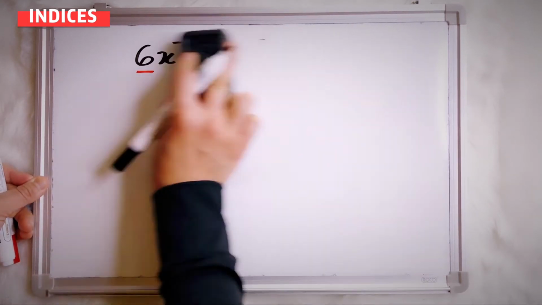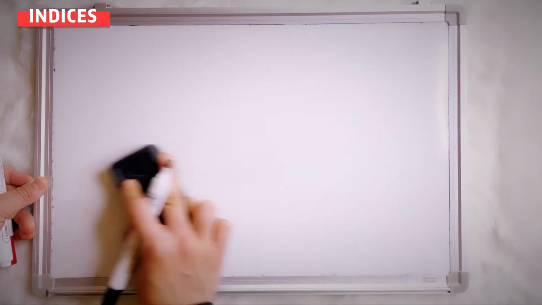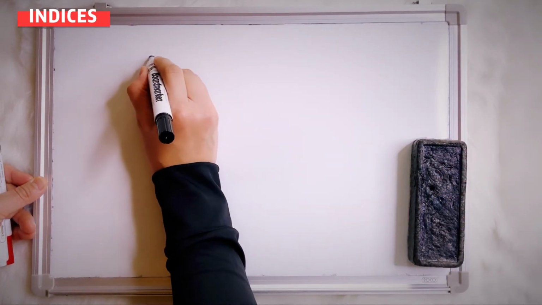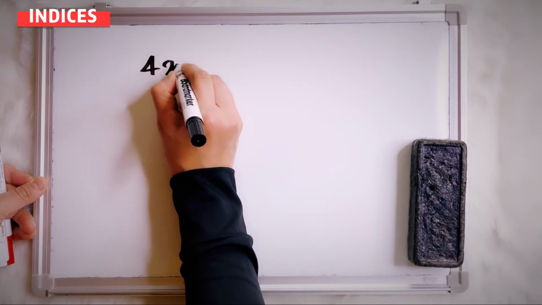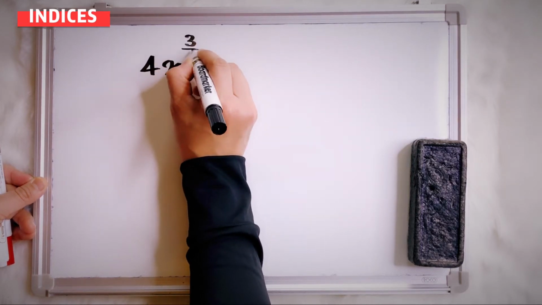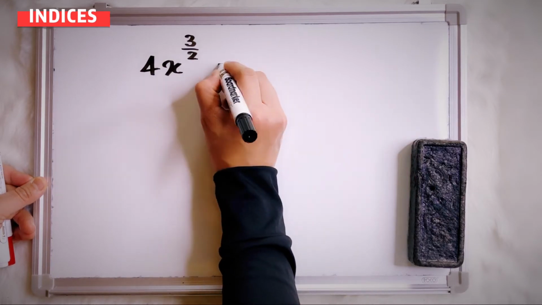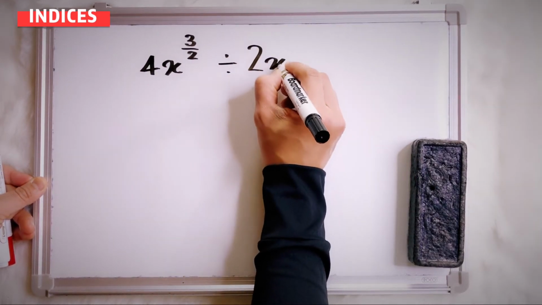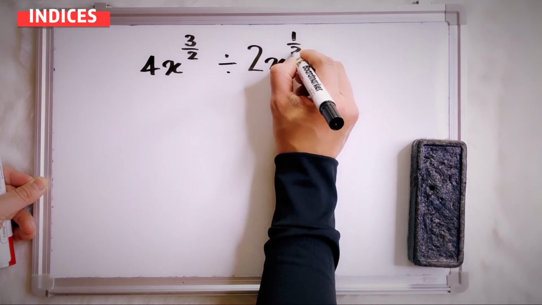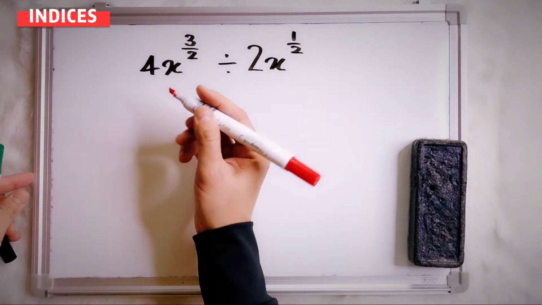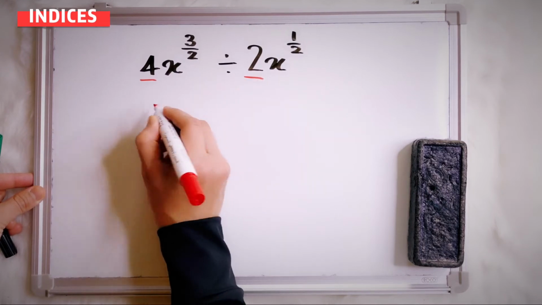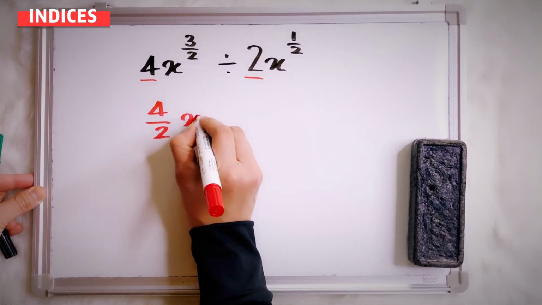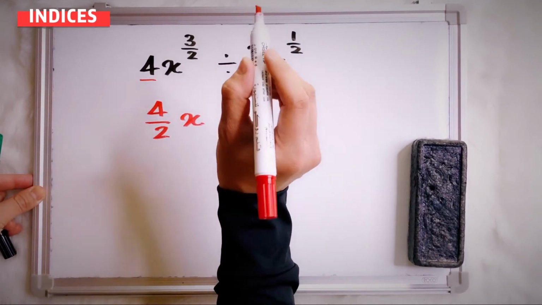Alright, okay. Now I put index as a fraction. So 4x power of 3 over 2, and you divide by 2x power of 1 over 2. Okay, number first. So 4 divided by 2. Now x divide, you have to minus.